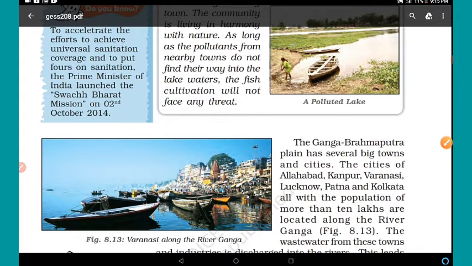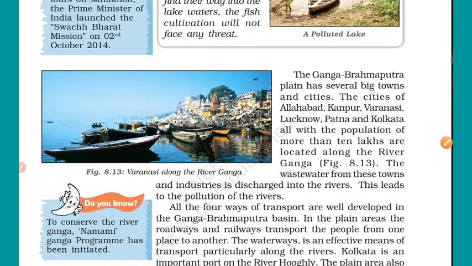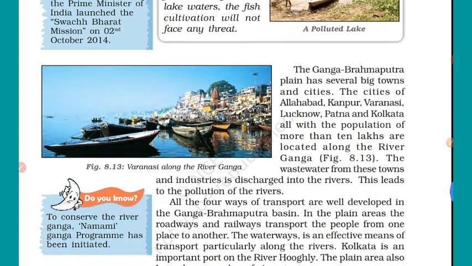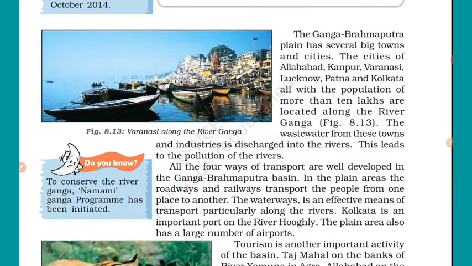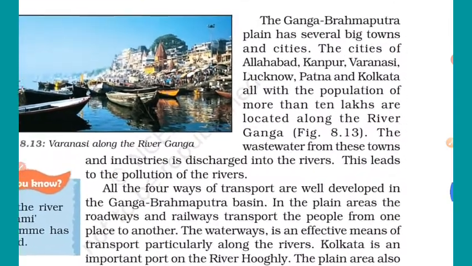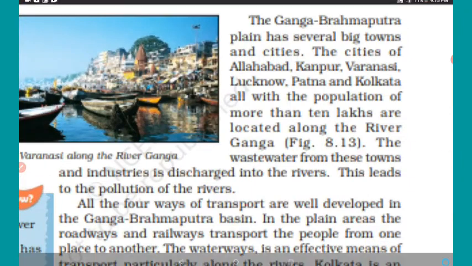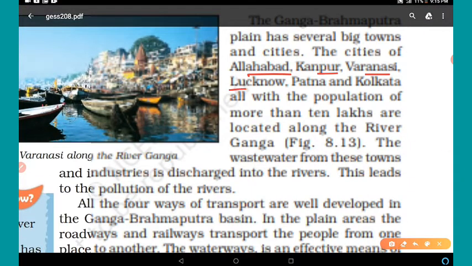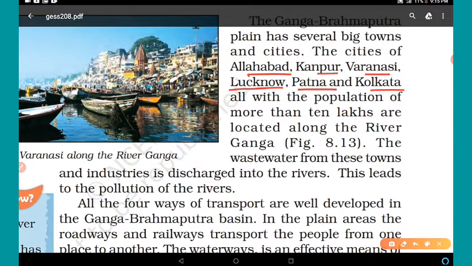Now we'll discuss what kind of main towns have been situated in this basin. The Ganga Brahmaputra plain has several big towns and cities. The cities of Allahabad, Kanpur, Varanasi, Lucknow, Patna, Kolkata, all with a population of more than 10 lakhs, are located along the river.